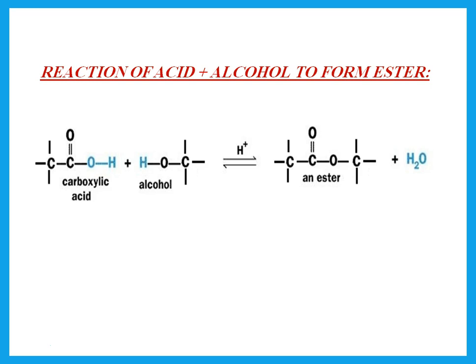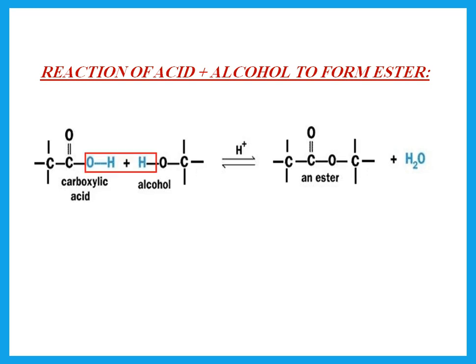So if I have a carboxylic acid, it has C double bond OH, and the alcohol has an H. So I remove the OH of the acid, remove the H from the alcohol, and what comes out from joining these two is called an ester, and I removed a molecule of H2O.